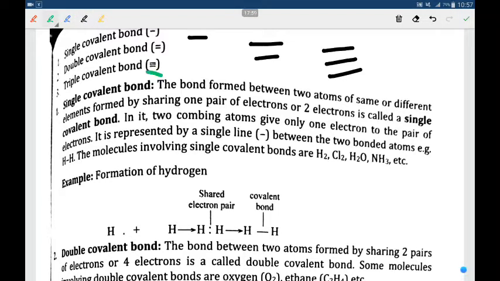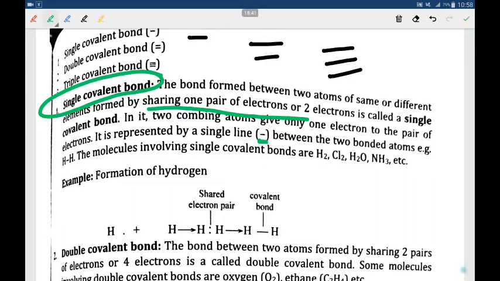First of all, single covalent bond. What is single covalent bond? The bond which is formed by sharing a pair of electrons, or sharing one pair or two electrons, is called single covalent bond. One atom contributes one electron, another atom contributes another electron, and there is presence of a single line between two atoms.